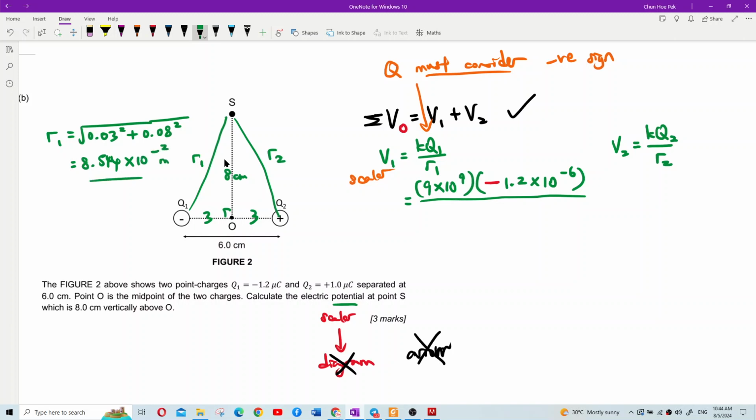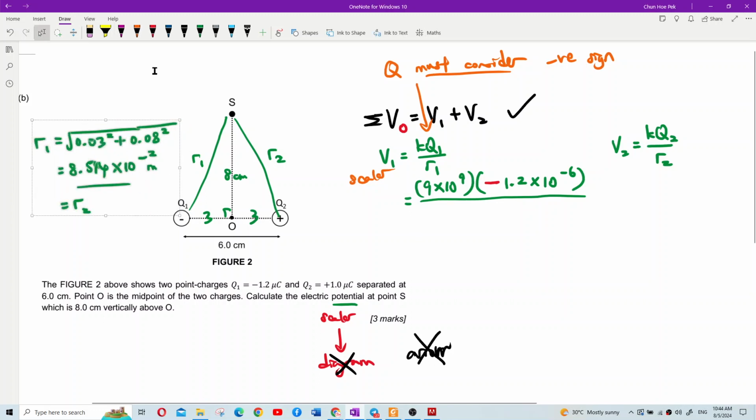This is in meter. R1 and R2 are the same. You will need this value later, so put it below here: 8.544 exponent negative 2.